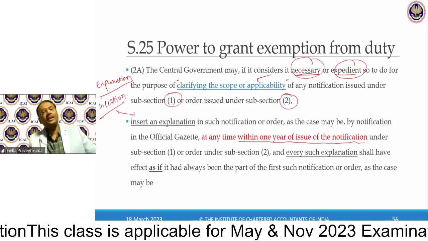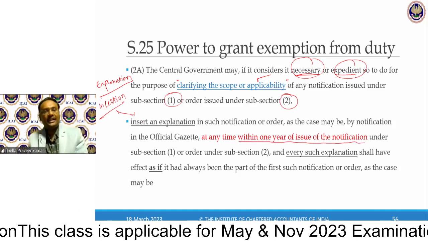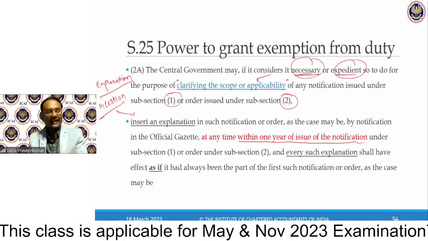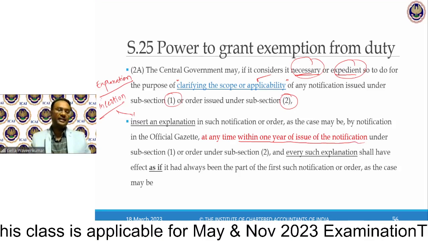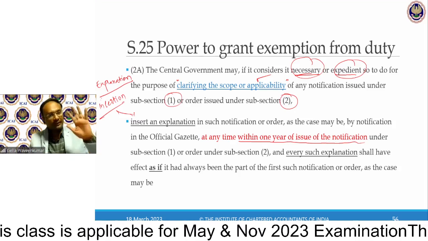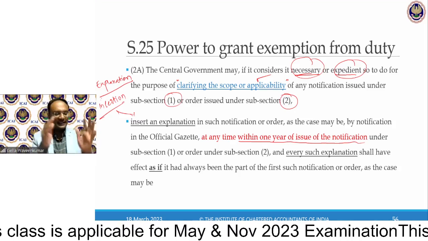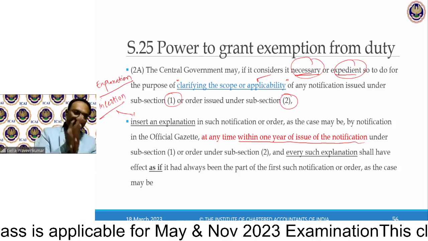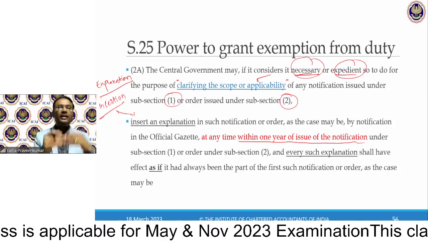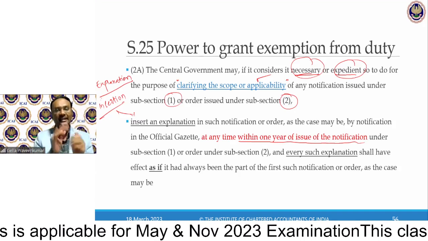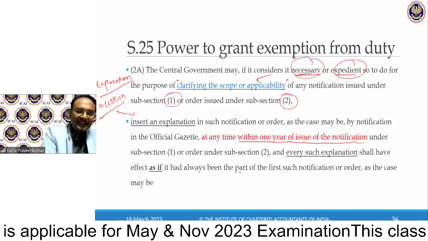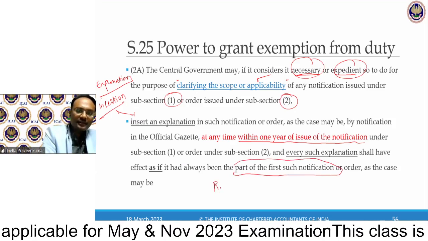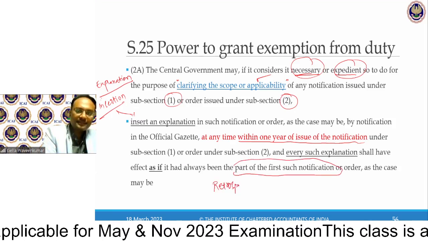That means, when GST laws came in 2017, before the expiry of 1 year in 2018, an explanation was inserted in Section 16, subsection 2. So whenever an explanation is inserted, it is duly taken care that it is within 1 year of that notification under subsection 1 or order under subsection 2. And once it is inserted, it is deemed that it is part of the original notification. Retrospective effect.